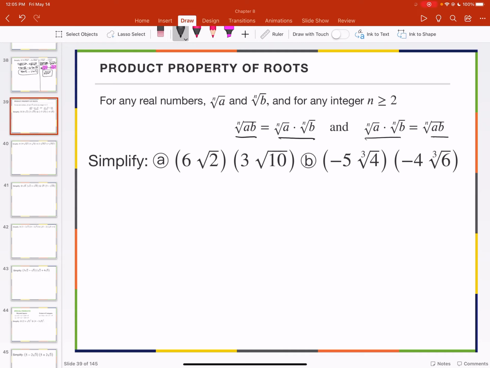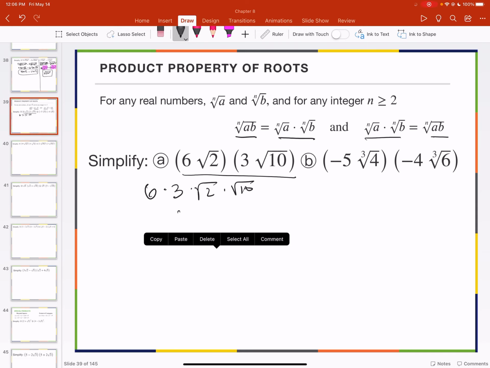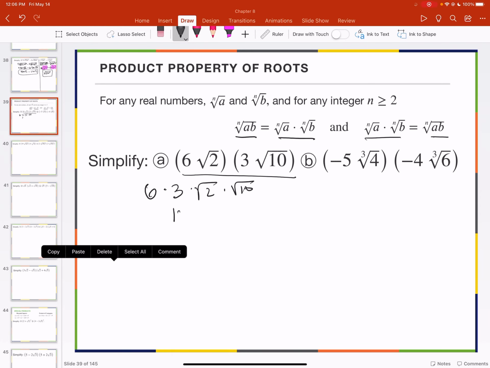So the way that we should think about this, you don't have to commute every single time, right? But I'll just do it this one time. Commutative property says since this is all multiplication, I can think of it as 3 times 6, sorry, 6 times 3 is 18, times square root of 2 times square root of 10. So 18 square root of 2 times 10, which is 20.